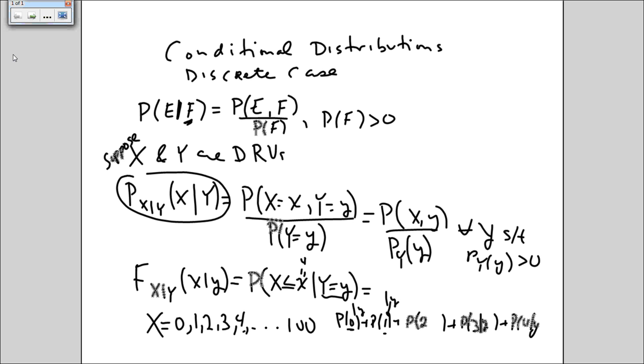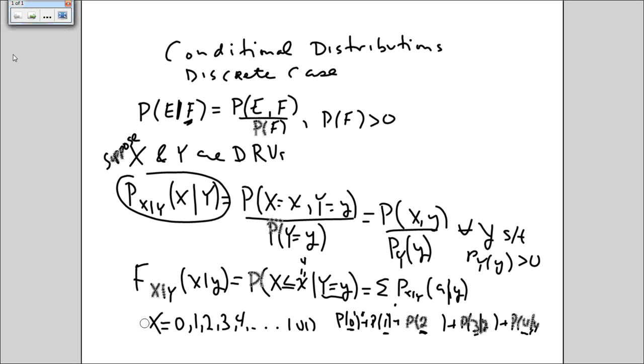Notice that X values are less than or equal to 4, because that's what X is, and we add it up. So we're going to add up the probabilities P sub X given Y of a given y. And what can we say about a?